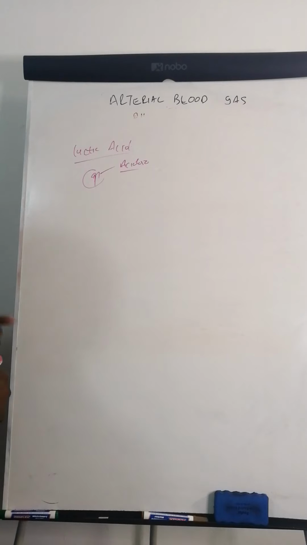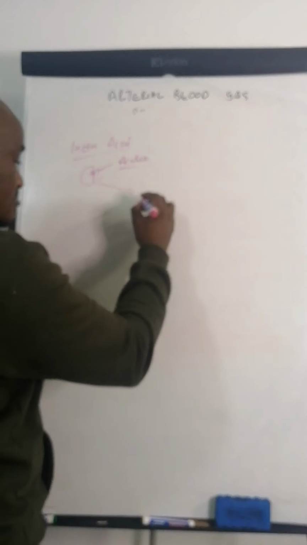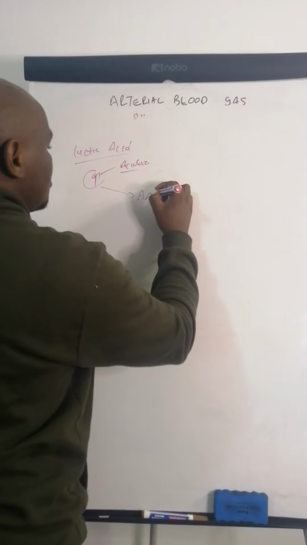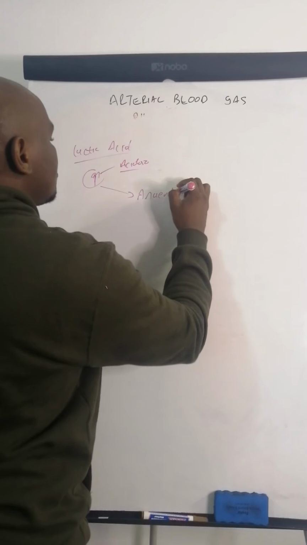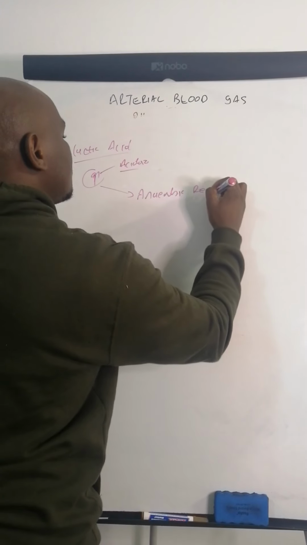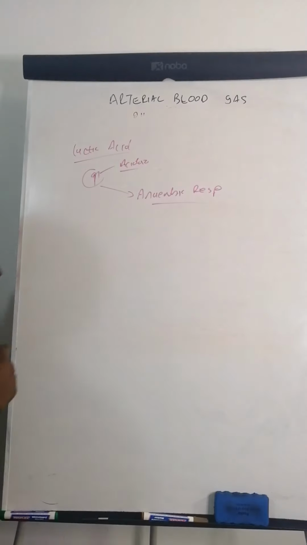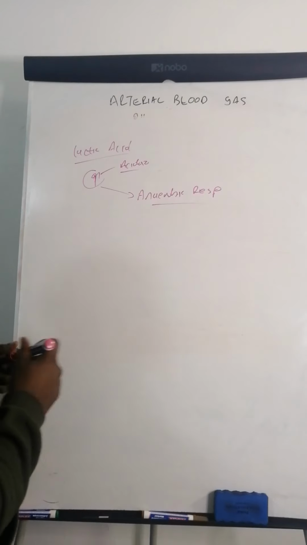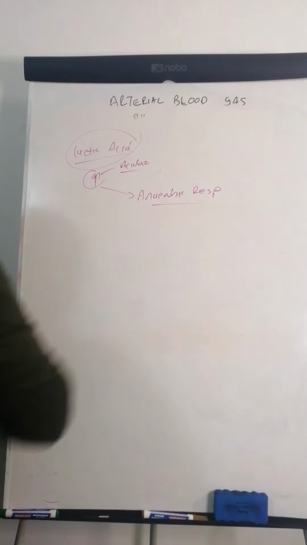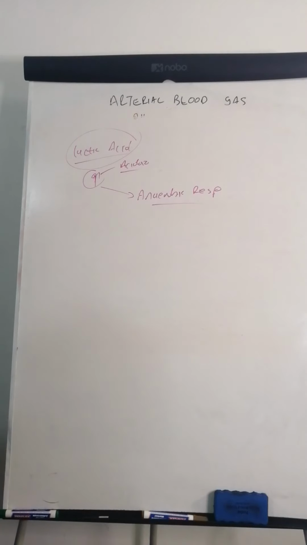And what is the cause of a buildup of lactic acid in the body? Anaerobic respiration. Remember the Krebs cycle? There's a step in the Krebs cycle that produces lactic acid because of anaerobic respiration. So how do you get anaerobic respiration?